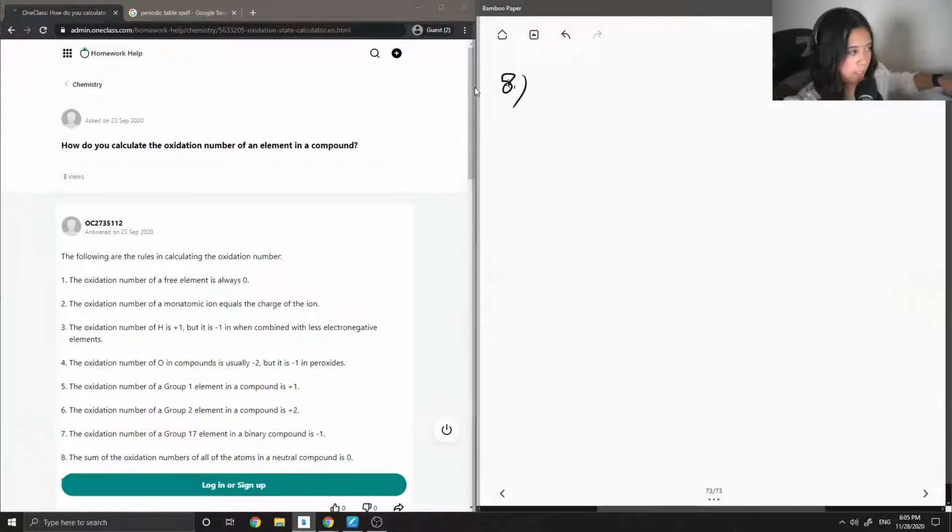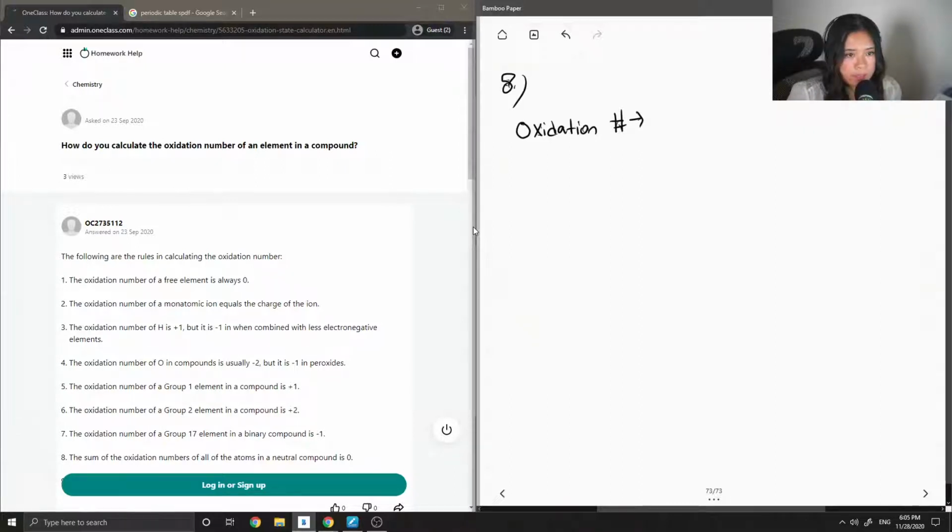So question 8 asks, how do you calculate the oxidation number of an element in a compound? So first let's write down the definition of an oxidation number.